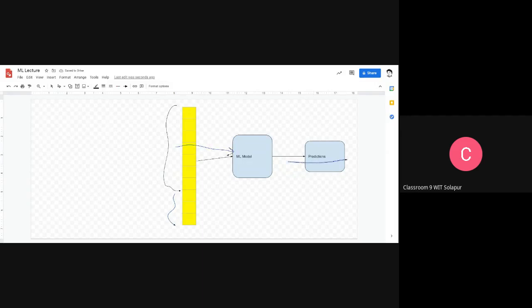Once you get an ML model, you give the test set as an input to your prediction model. Whatever output it generates, these two blocks are compared, and whatever difference you get determines the accuracy of the ML model. That's how it works, right?